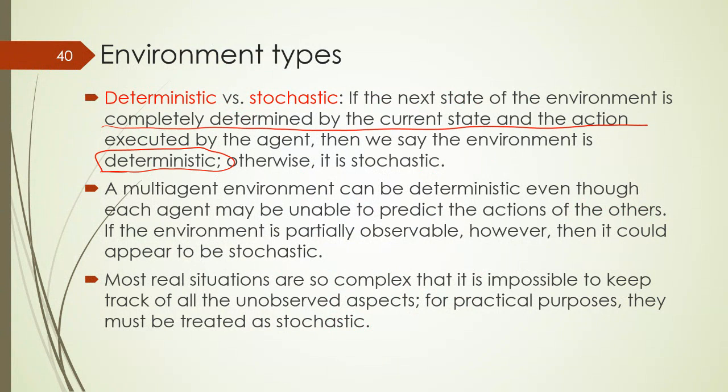A multi-agent environment can be deterministic even though each agent may not be able to predict the actions of the others. If the environment is partially observable, however, then it could appear to be stochastic.